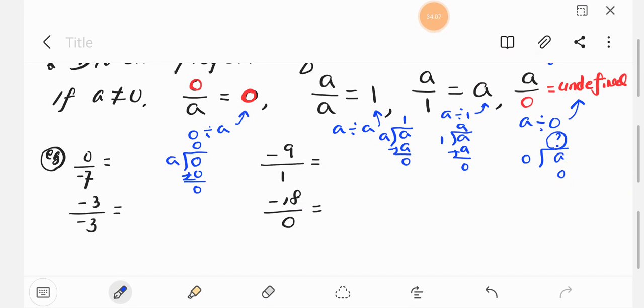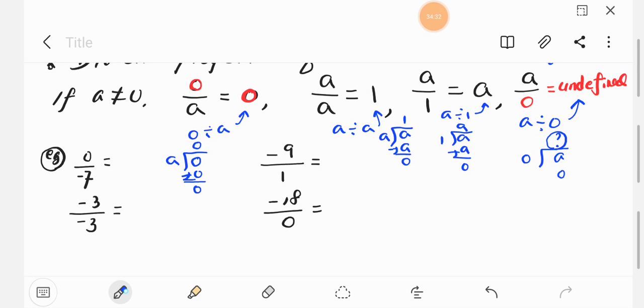If you are confused with this one, then actually divide the numbers, find out the quotient. 0 in this case, 1 in this case, a in this case. In this case, you cannot find it. So if the denominator contains 0, then it is undefined.